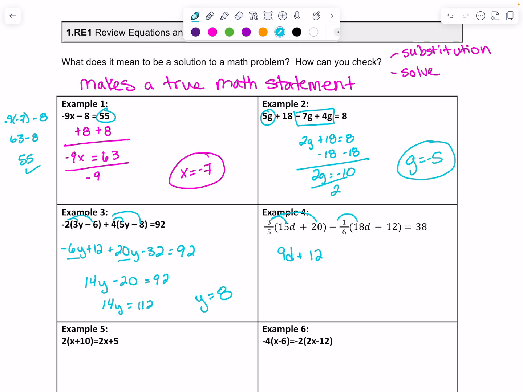Over here, I'm going to do -1 times 18 divided by 3. -1 times -12 divided by 6 gives me 2. Combine like terms. Subtract 14 and divide by 6 to get d equals 4.